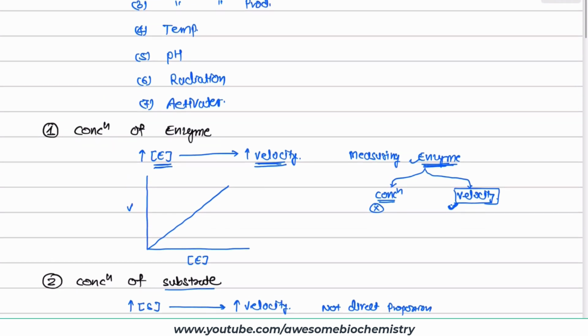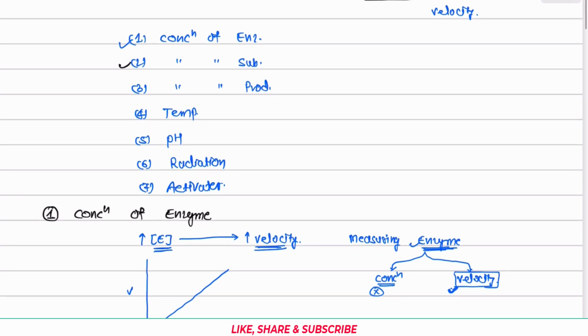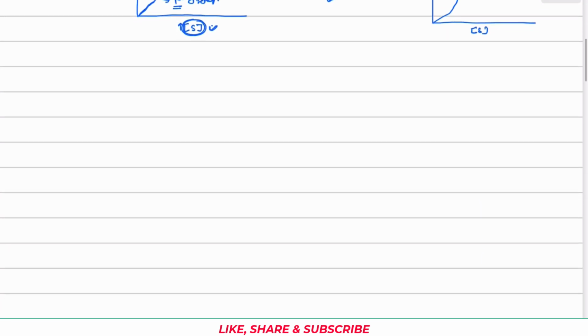Now the third factor on which enzyme velocity depends is the concentration of product. So the third one is the concentration of products. Concentration of product shows an inverse relationship with the velocity. If we increase the concentration of product, then there is a decrease in the velocity of reaction.